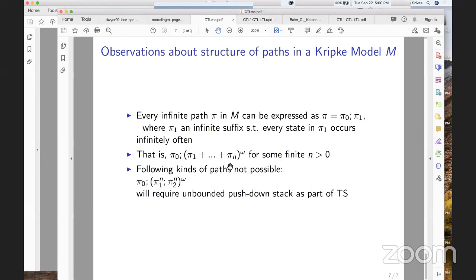Right. That may be true because of the reasoning that I gave there, okay? You can reduce them, so even if you have those more general structures, the violation can be shown with respect to a single lasso.